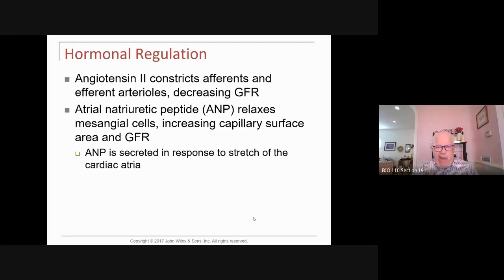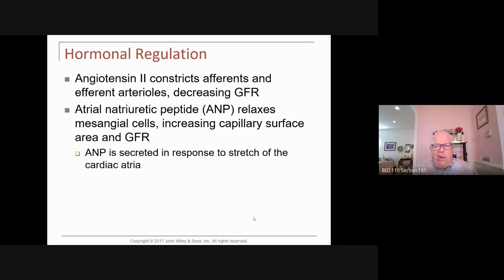Atrial natriuretic peptide, ANP, relaxes the cells of your kidneys, increasing the capillary surface area and increasing GFR, because ANP relaxes all your arteries.